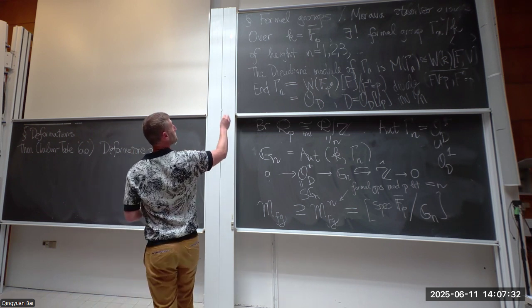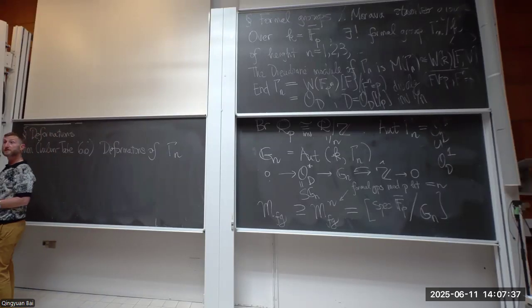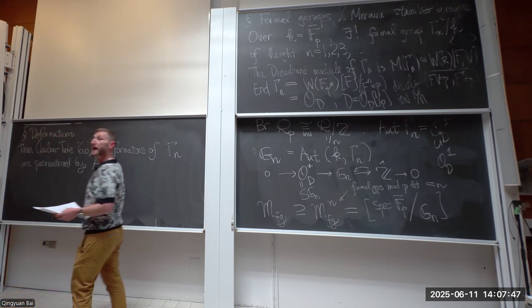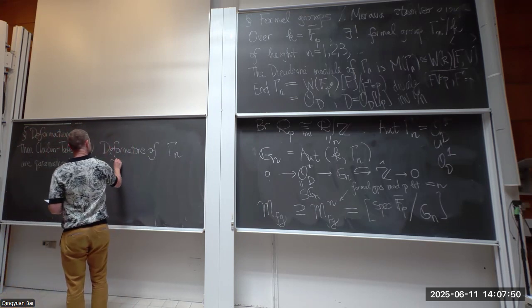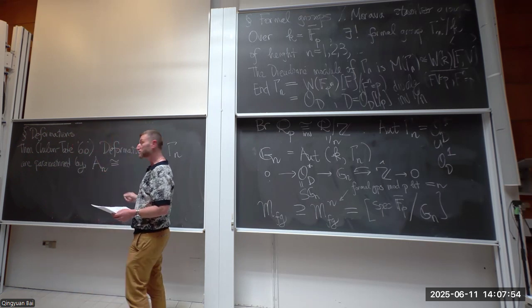Deformations of this formal group Γ_n are parametrized by a complete Noetherian local ring. I'm going to call that local ring A_n. And Lubin and Tate determine the structure of that local ring.